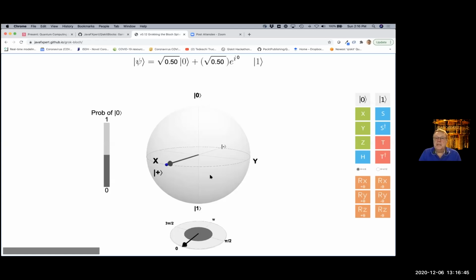Remember, we put an H gate on there. We ended up here. But then we put an X gate. The X gate rotates 180 degrees around the x-axis. Or if you like to work with radians, it's pi radians around the x-axis. But the state is right on the x-axis. So rotating it doesn't change anything.